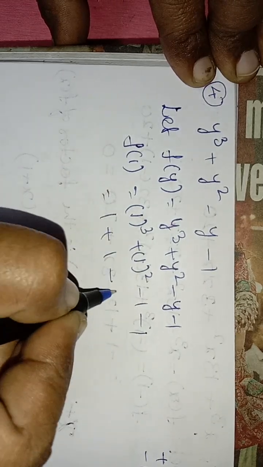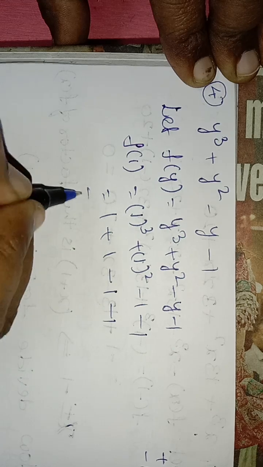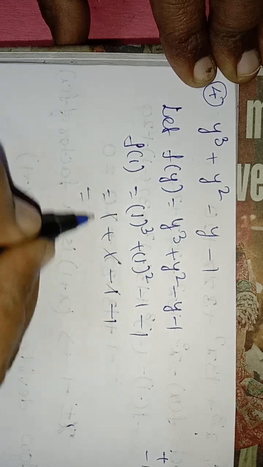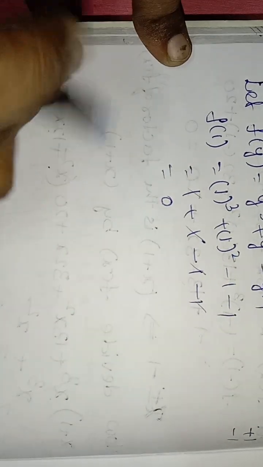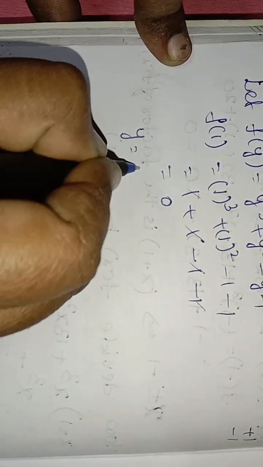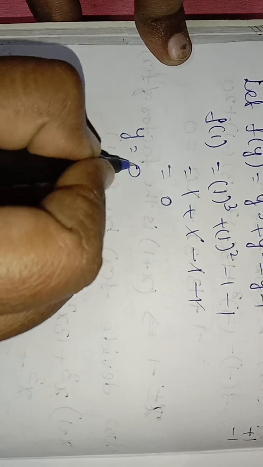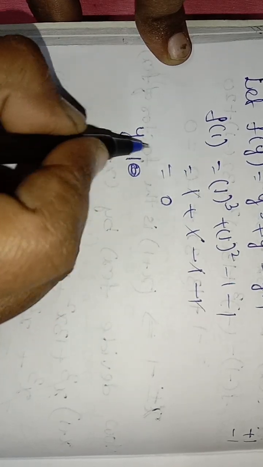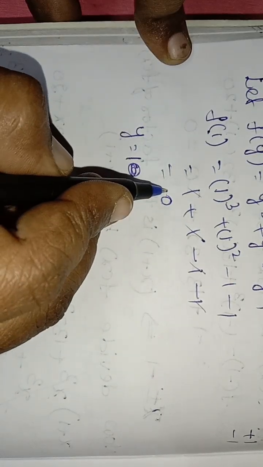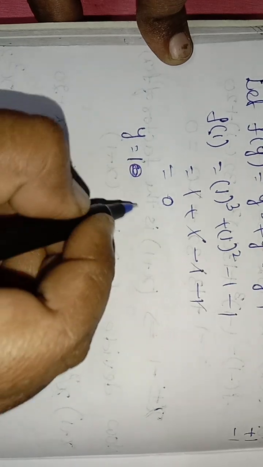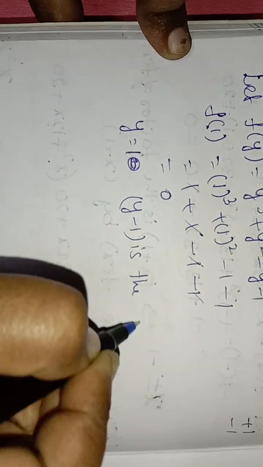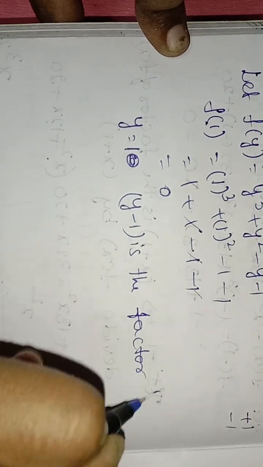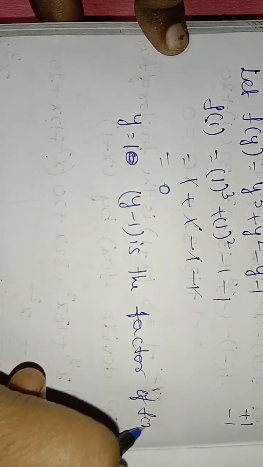1 plus 1 minus 1 minus 1. So these two will get cancelled, these two will get cancelled, 0. So y equals 1. If you substitute 1, you get 0, so it is one of the factors. So y minus 1 is a factor of f of y.